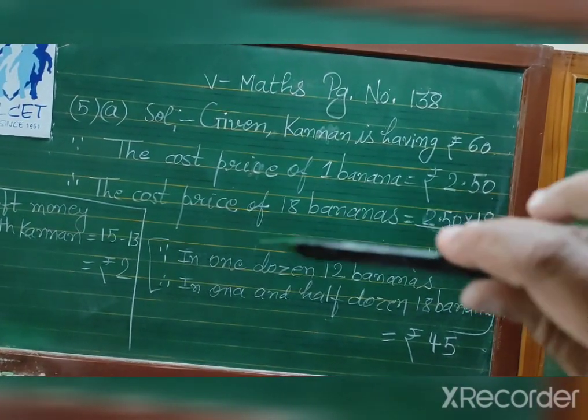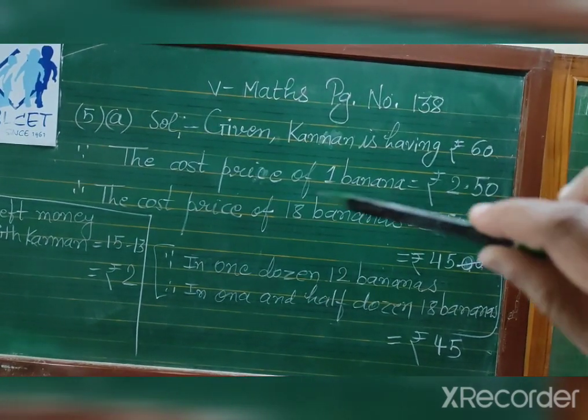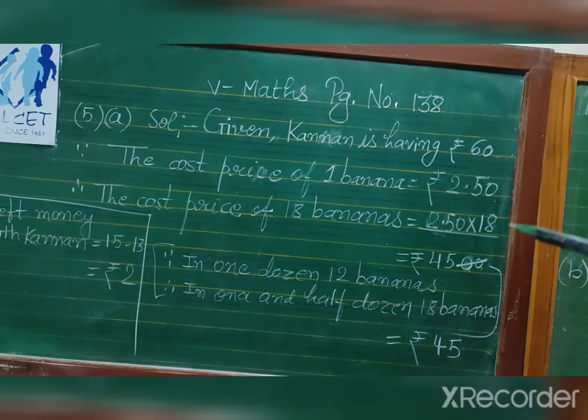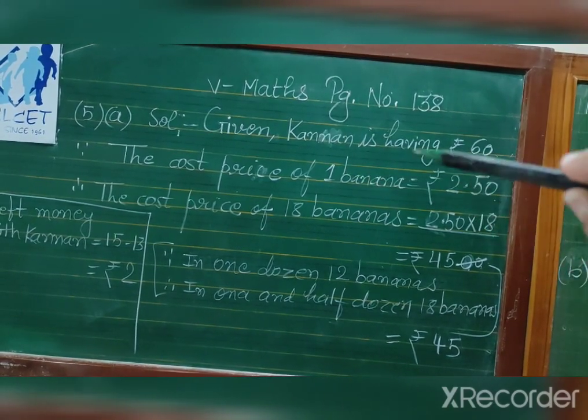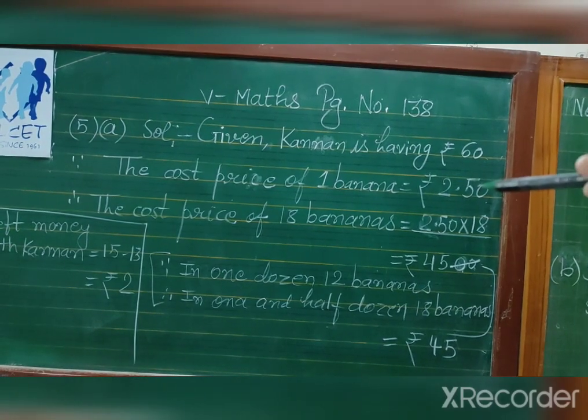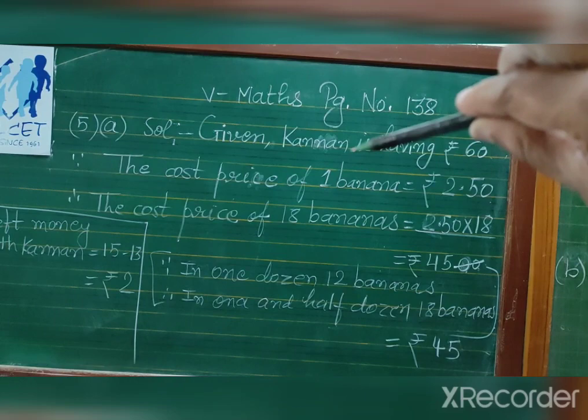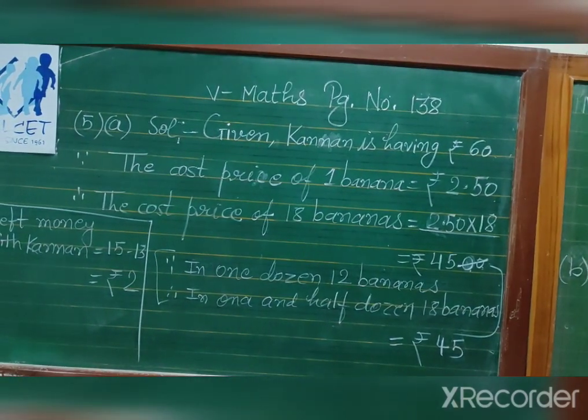So the cost price of 18 bananas is equal to 2.50 into 18. I told you, you can neglect this 1 if it is in the denominator. Always we take this number in the numerator. Here, whatever number is there we take in the denominator, but here it is 1, so we can neglect it.